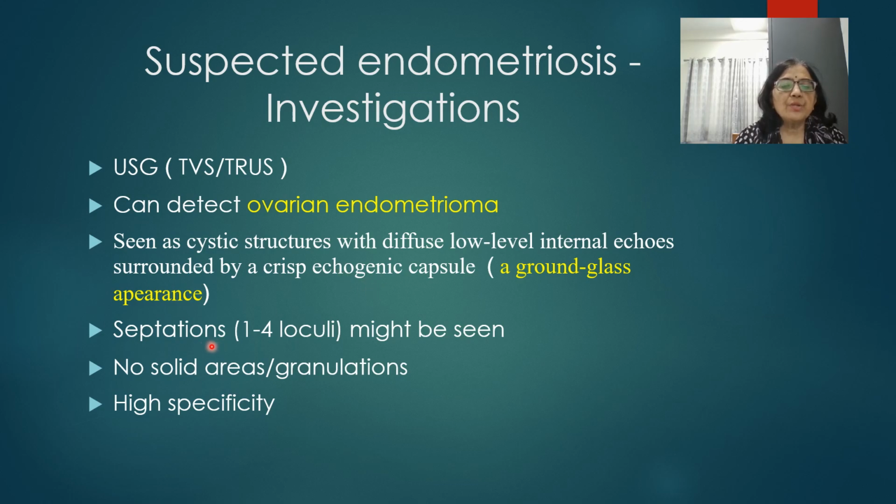There might be septations, 1 to 4 loculi might be seen, but there are no solid areas or granulations as opposed to ovarian cancer. These findings are highly specific, and the positive predictive value of ultrasonography is very good for the diagnosis of ovarian endometrioma.